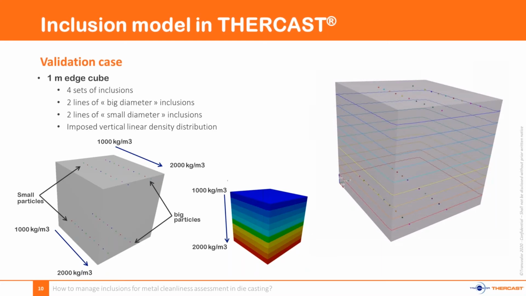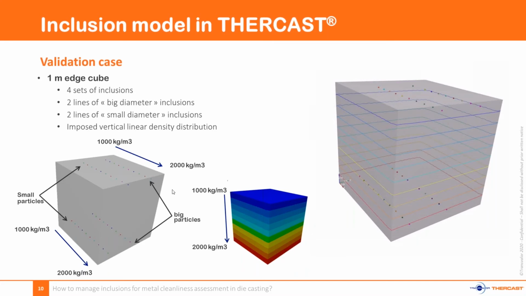We take into account a 1 meter cube full of liquid metal. And in this cube, we have defined 4 sets of inclusions divided in 2 times 2 lines. The first 2 lines are what I can so-call big diameter inclusions, and 2 other lines with small diameter inclusions.